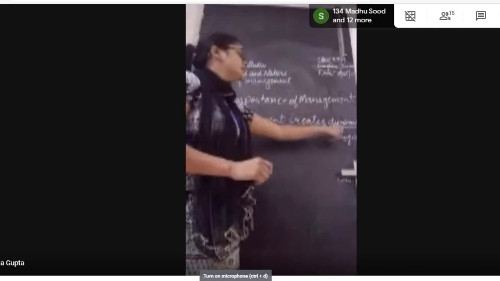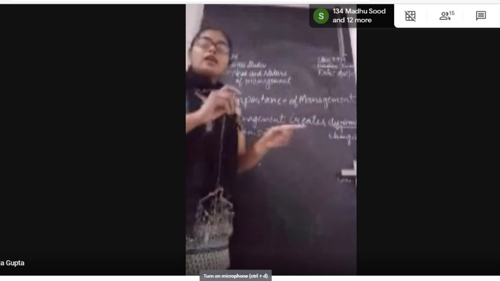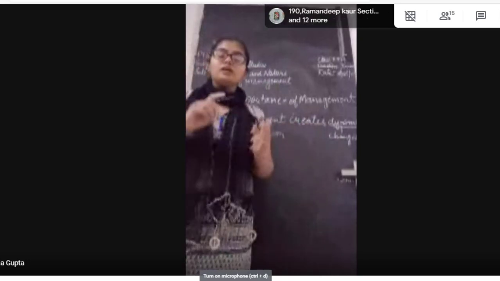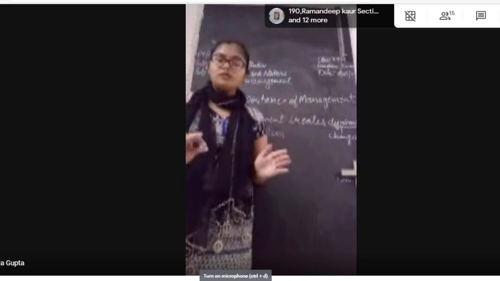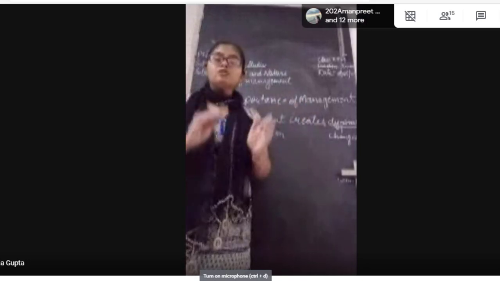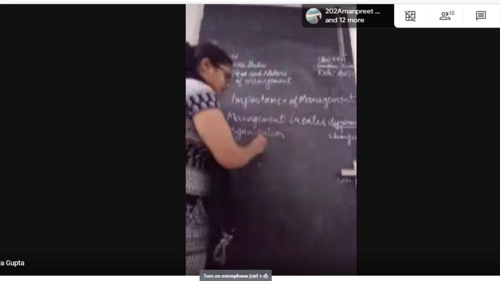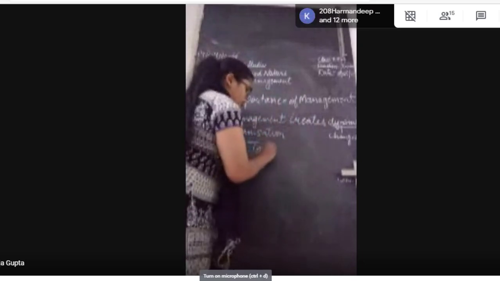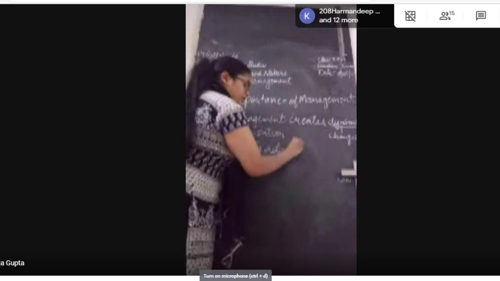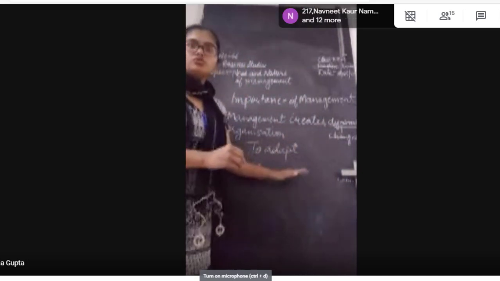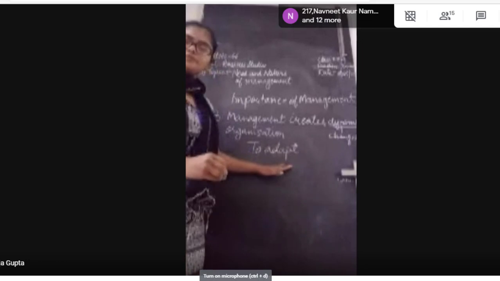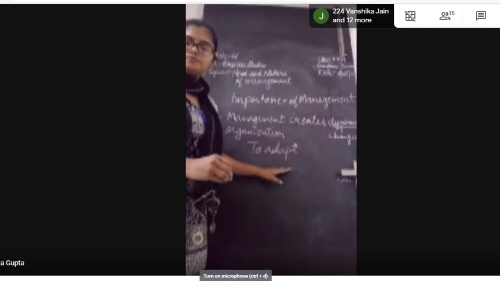Like in the first firm, the persons who are working will be able to adapt to the changes and the challenges being faced at that time. So students, are you clear with this point? Yes, ma'am. You can write one more example in this, like the banking sector.